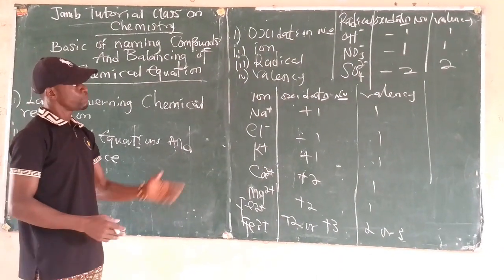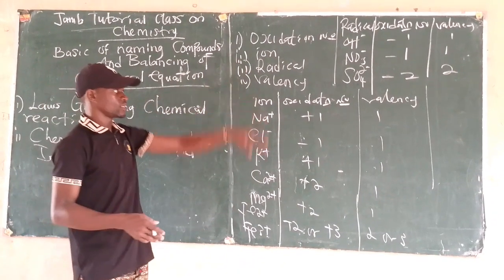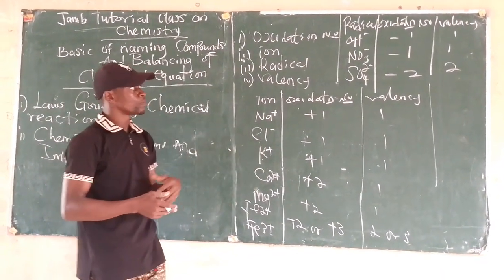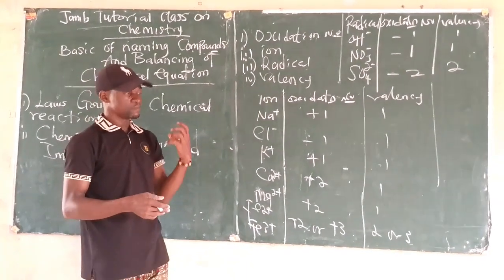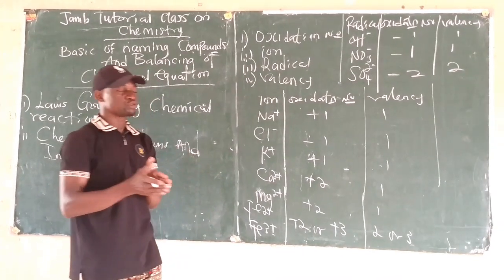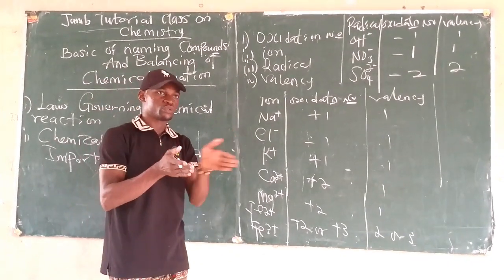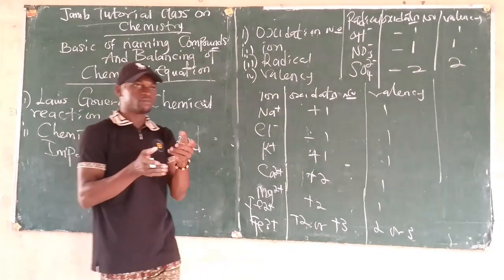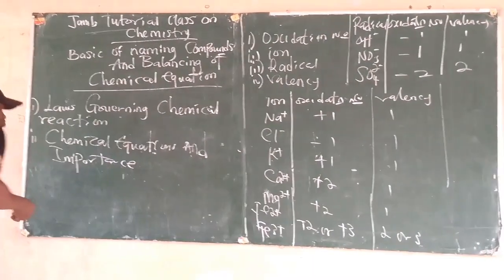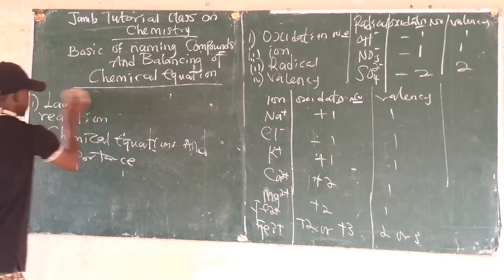Now, I have a simple thing about these basics: take your time, study this table, know the charge, the valency for the ion and the radical. With this, you can give the formula to a compound, or you can give the name to any compound at all.